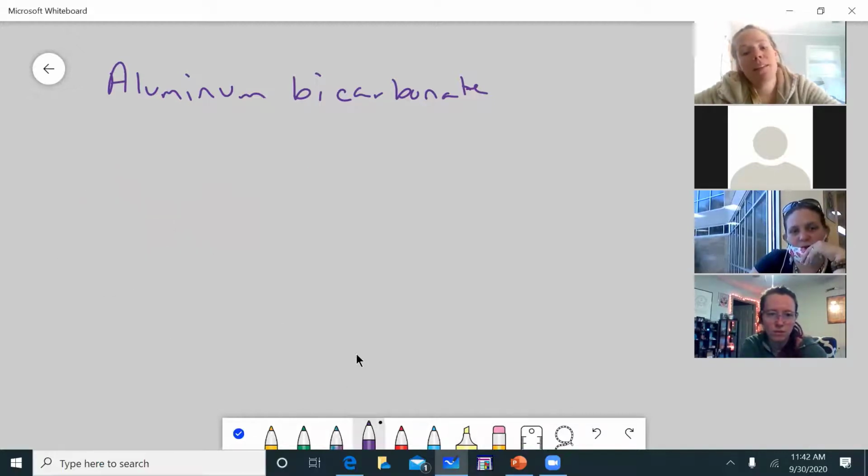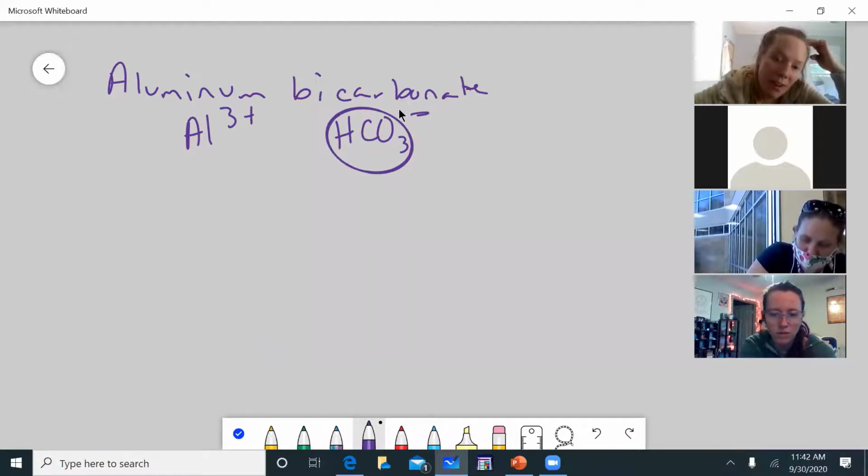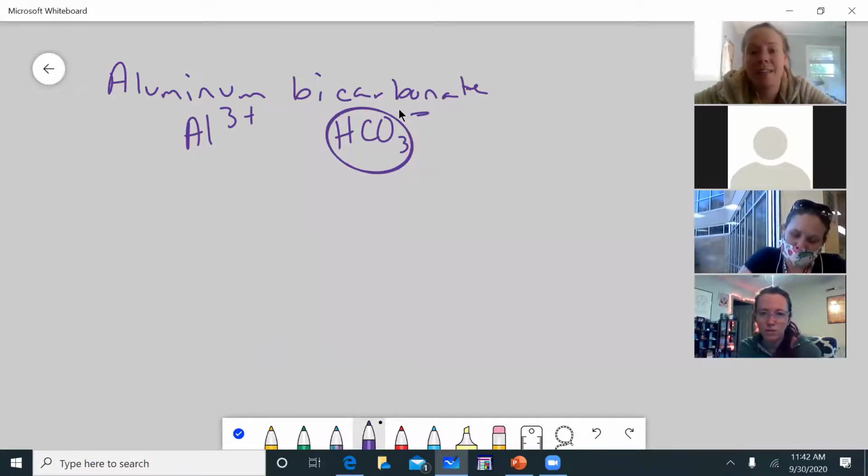Aluminum bicarbonate. Okay, so aluminum, Al, always has a 3+ charge. Bicarbonate is HCO3 with a minus charge. I'm going to circle this for now. You don't always have to do that, but it gets you in the habit of seeing it as a packet. So this has a magnitude of 1, so I should only have 1 aluminum.